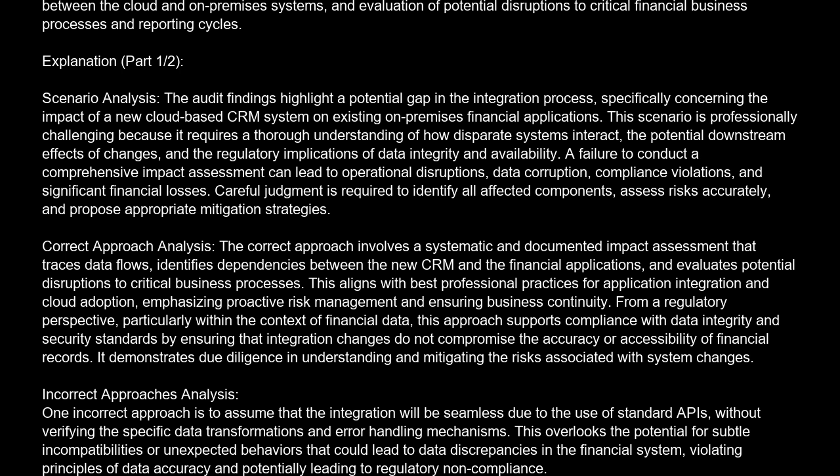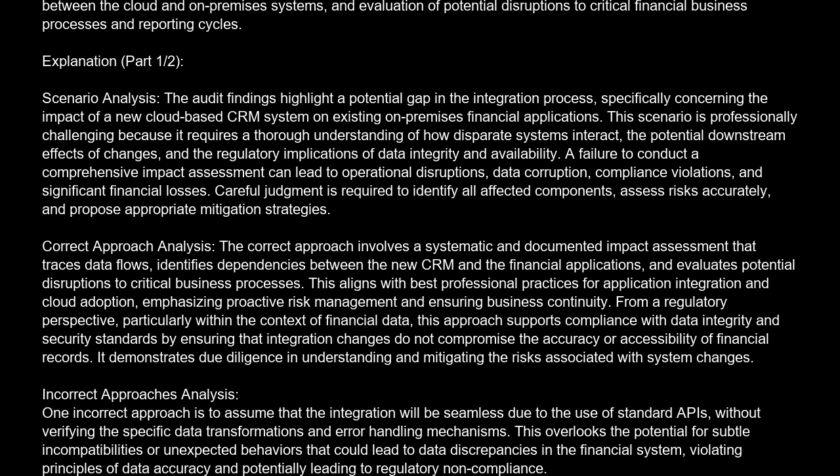Correct approach analysis. The correct approach involves a systematic and documented impact assessment that traces data flows, identifies dependencies between the new CRM and the financial applications, and evaluates potential disruptions to critical business processes. This aligns with best professional practices for application integration and cloud adoption, emphasizing proactive risk management and ensuring business continuity.